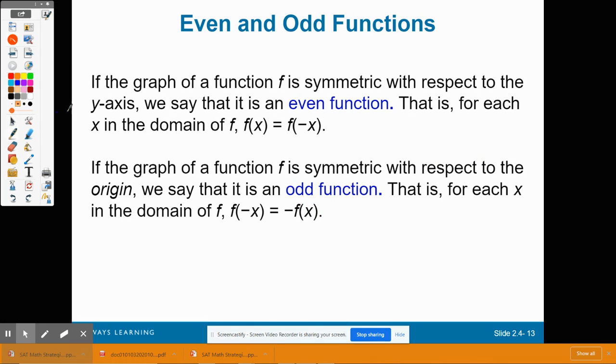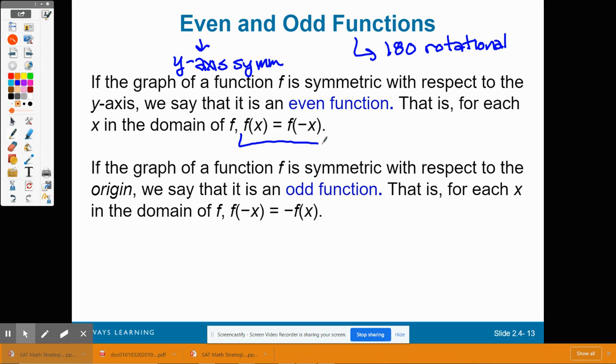Okay, even and odd functions, same type of thing. Even functions have y-axis symmetry. Odd functions have 180 rotational or origin symmetry. Okay, this is what's really important right here. Again, we'd have to check all the points.